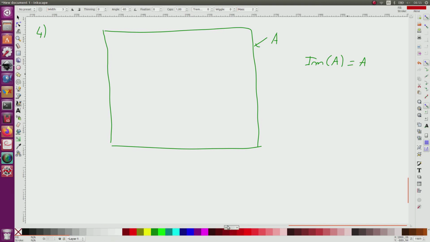So the algorithm I propose is to take many points here and to represent A by a cloud of these points. Now I will compute for all these points. I need to compute f of A. So for f of A, a simple possibility is to compute for each of these points the image.